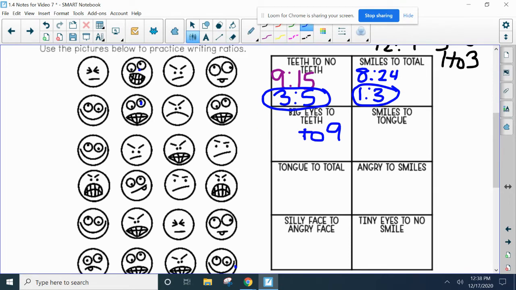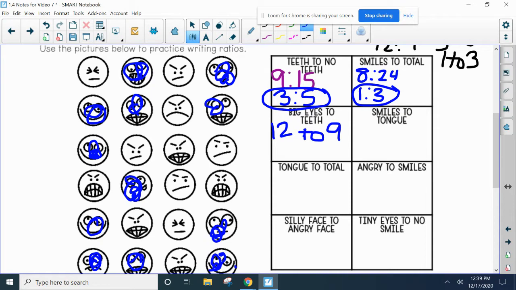So let's see how many of them have big eyes. 1, 2, 3, 4, 5, 6, 7, 8, 9, 10, 11, 12. And I didn't miss any. So 12 to 9, big eyes to teeth.